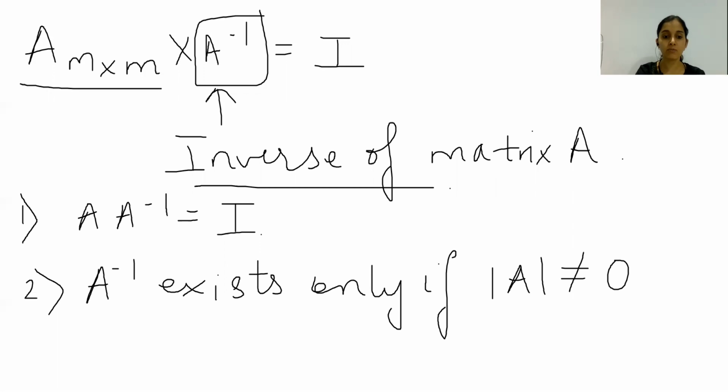That means any square matrix will have an inverse only if its determinant value is not equal to 0. So the very first thing when you start a sum on inverse is check whether it has a determinant value of 0 or not. If it has 0, then there is no inverse to that matrix. If it is not 0, then there is an inverse.